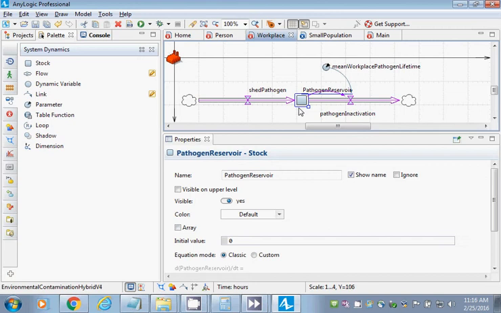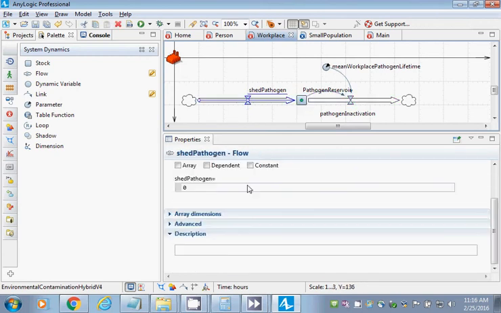We need to, well, let me ask you, this shed pathogen, the way we're representing it here right now, that's going to depend on the number of people who are shedding at that location. So they're going to be shedding MRSA or Clostridium difficile or maybe an animal shedding E. coli or what have you.